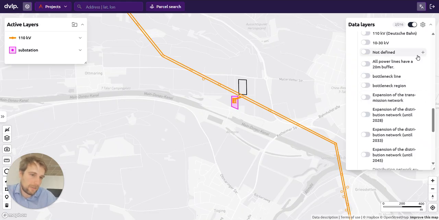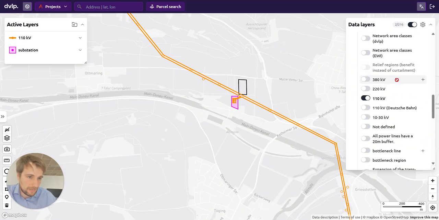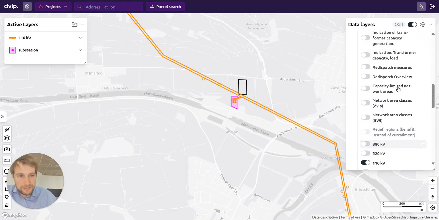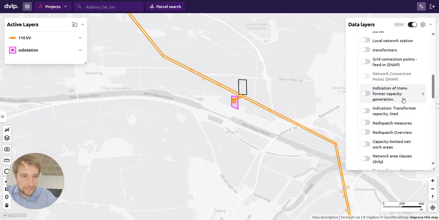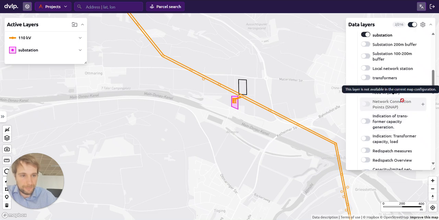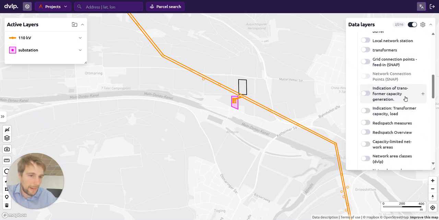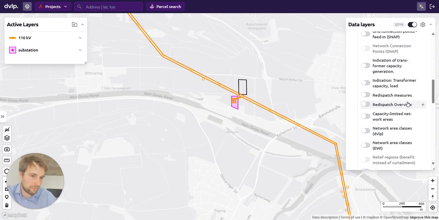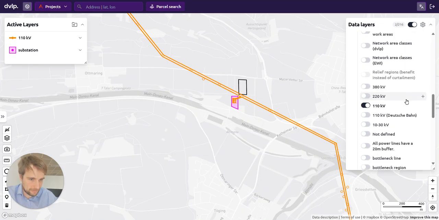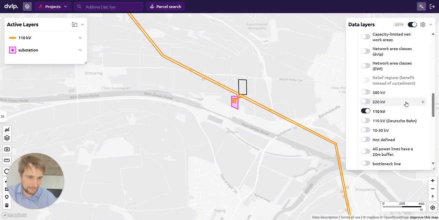So let's maybe start with a very quantitative data point, which is the direct indication for a connection coming from the grid operators themselves, and this is called SNAP data.